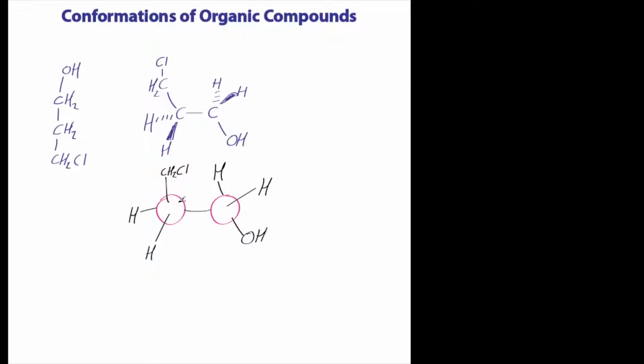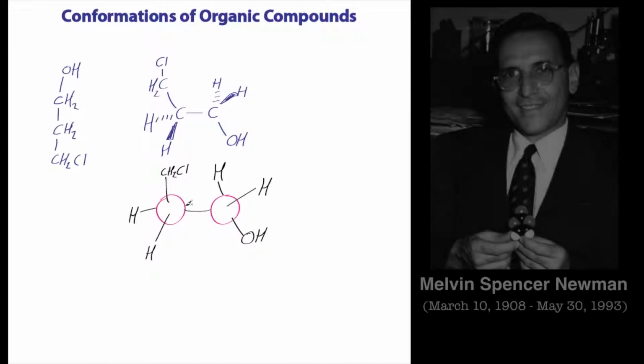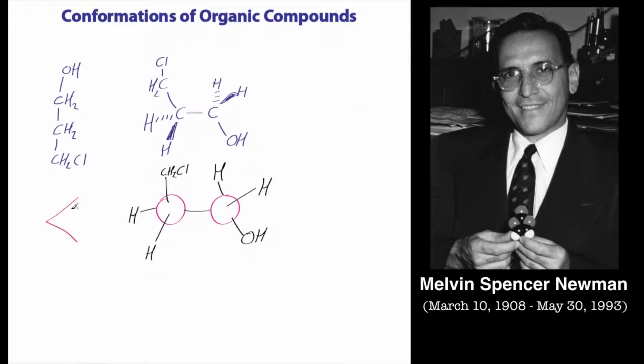What we tend to use is what's called a Newman projection, which is what I'm getting to. So imagine picking this up and looking straight down here. So draw that. So there's my eye. And I'm looking straight down here, like that. Okay.